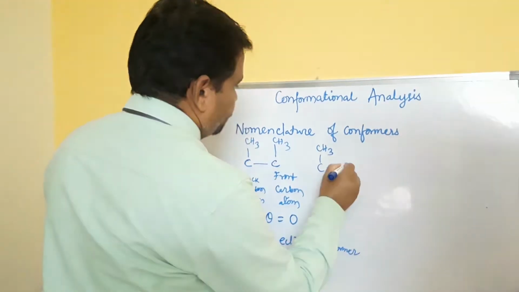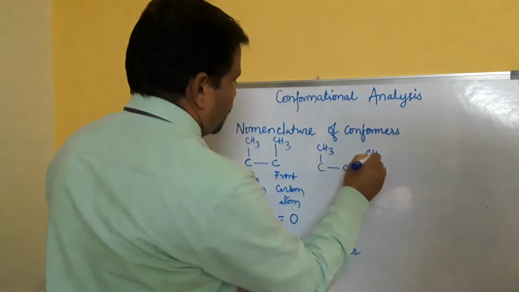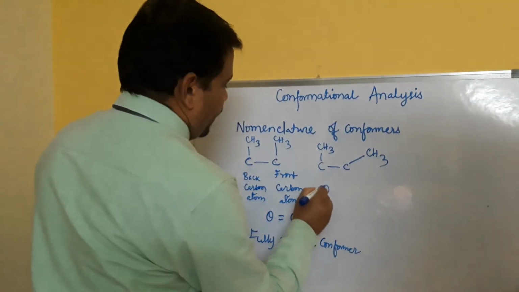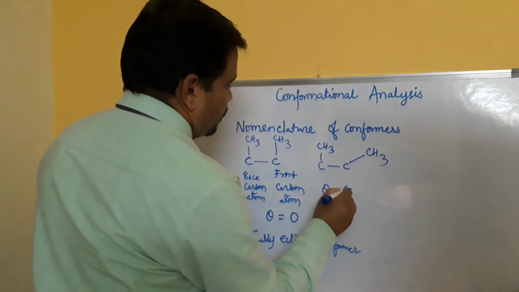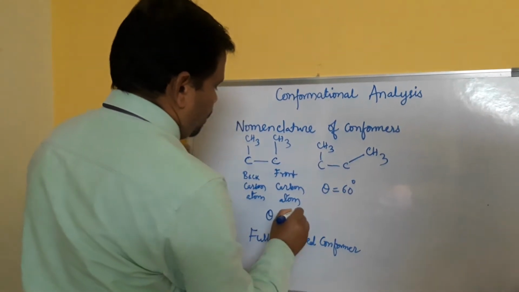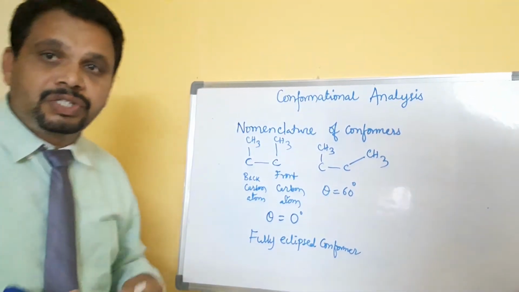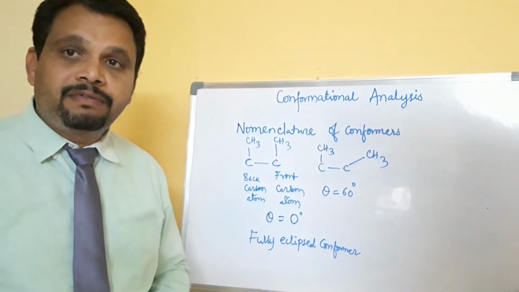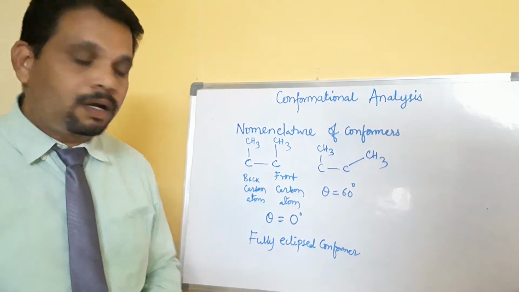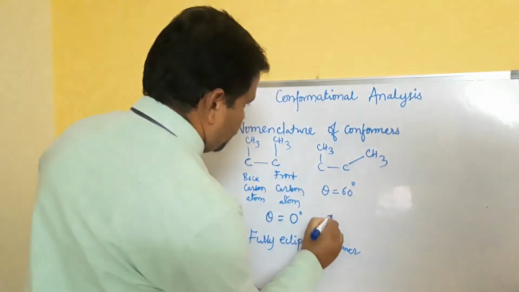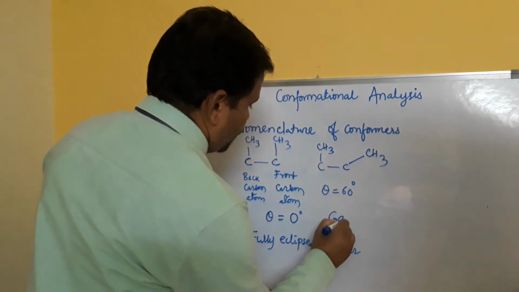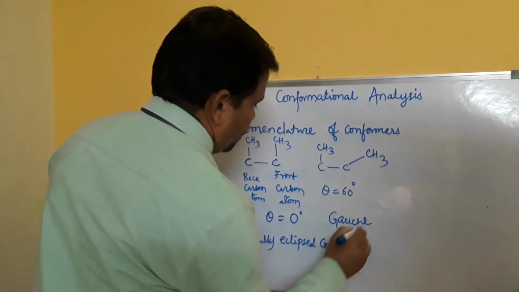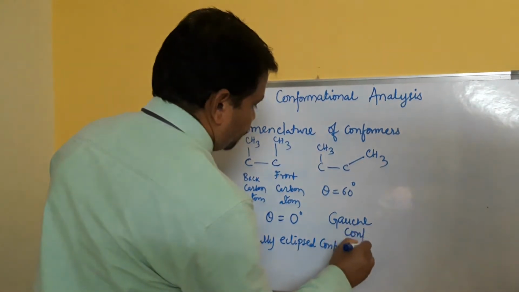In this the dihedral angle is 60 degrees. This kind of conformer is called a gauche conformer.